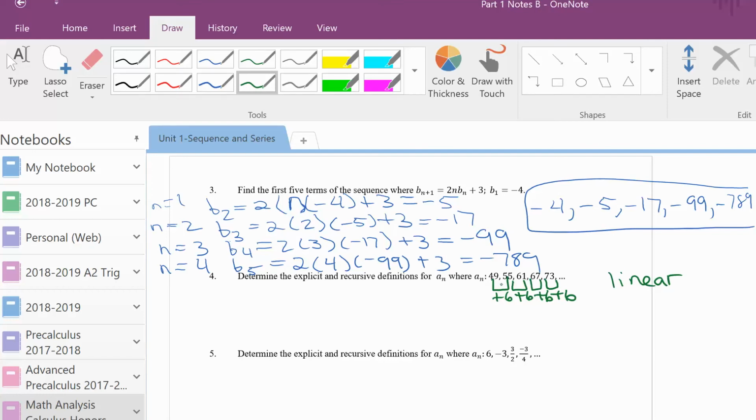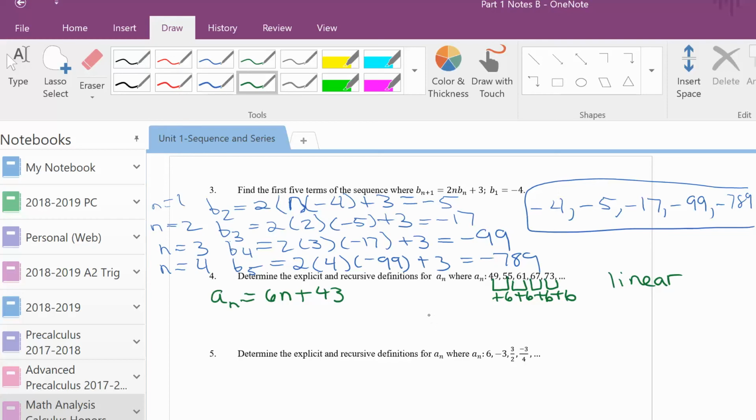Now you have to ask yourself, what number did I have to add 6 to to get to 49? That is 43. So your explicit definition is 6 times some number plus 43, because you keep adding 6. So the explicit definition is 6n plus 43.